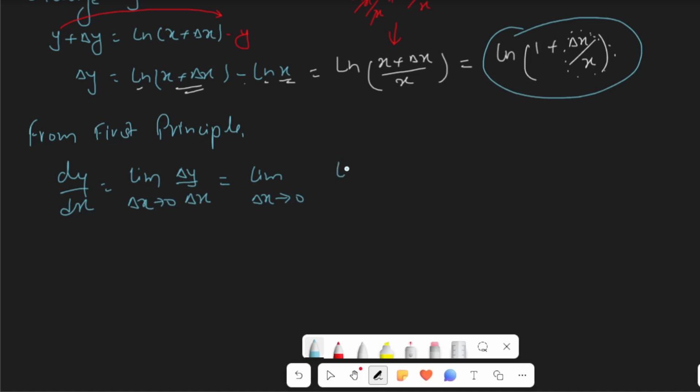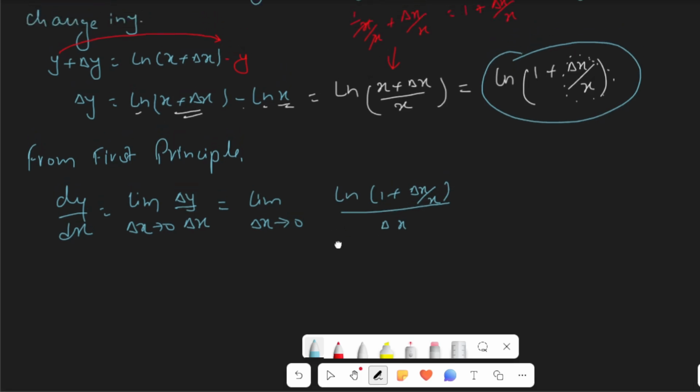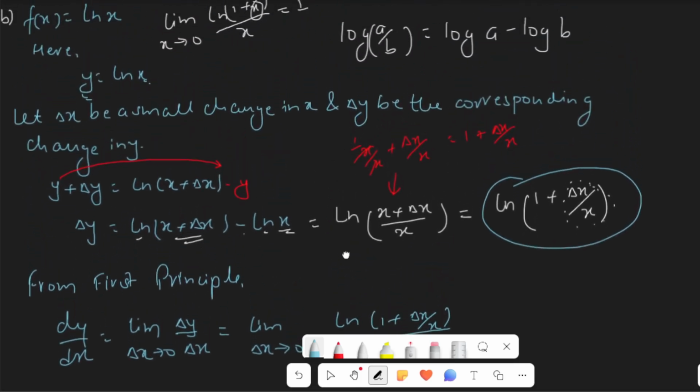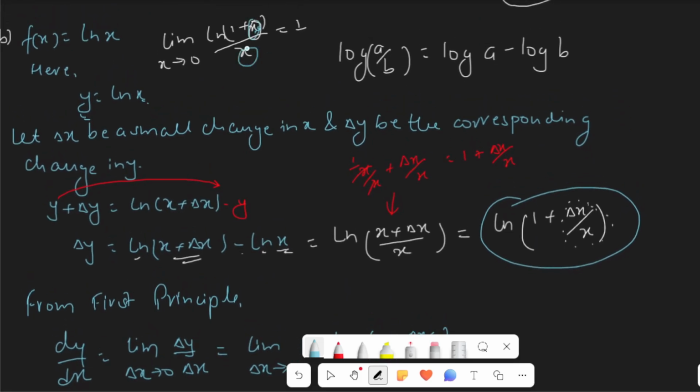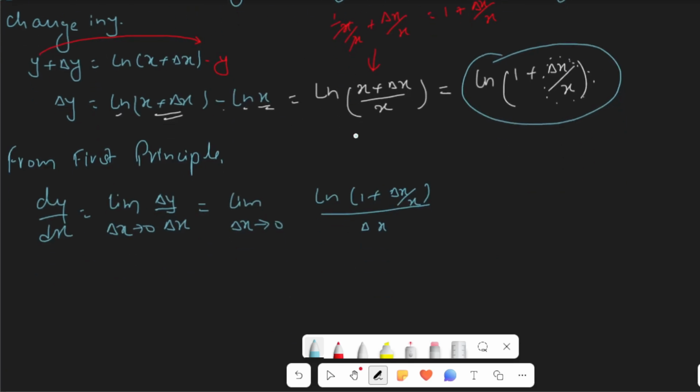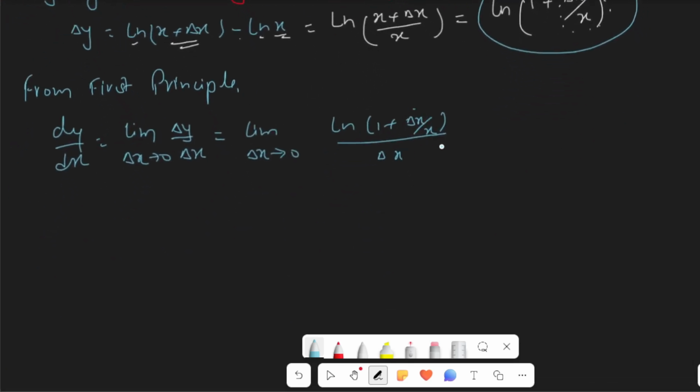So, we write ln of 1 plus delta x divided by x, divided by delta x. And in the formula, we had x here and x here. So we'll have to equalize these things. If here it is x, then we need x here as well. So here we have delta x divided by x. So we need to get delta x divided by x. To balance this x out, we'll need to multiply by x here.